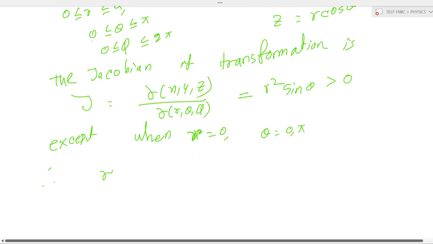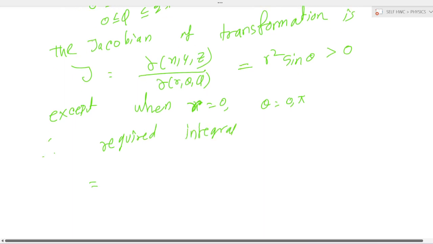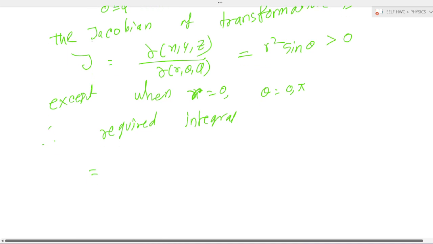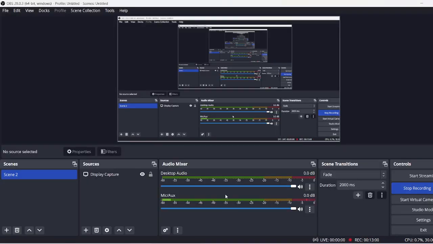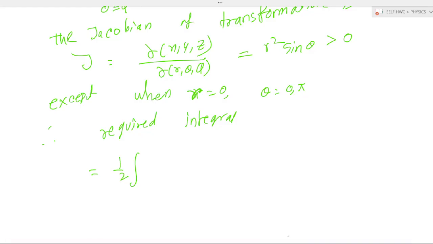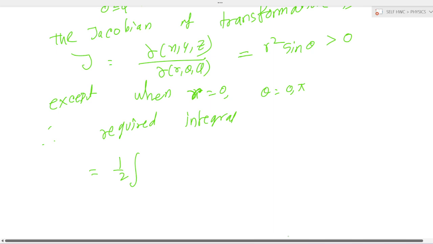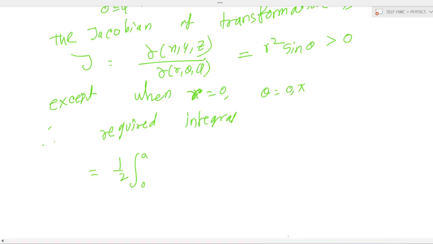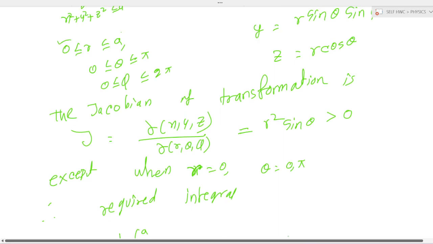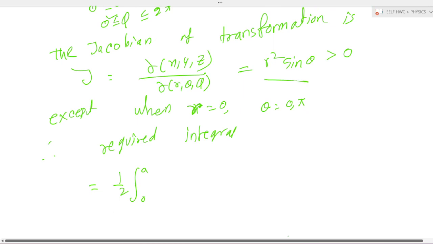Okay, and therefore the required integral is equal to 1 by 2, integral 0 to a, theta 0 to pi, and phi 0 to 2 pi. The first is the lower limit and upper limit, so put in this value and this value.